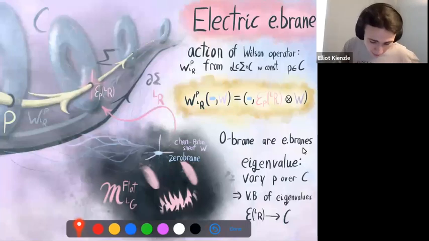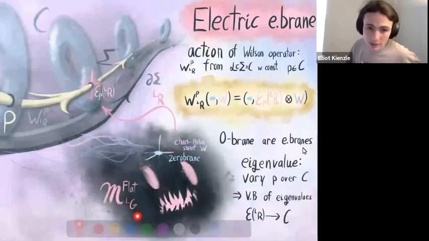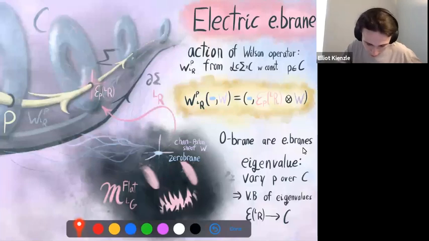So what is a zero brane? A zero brane maps every point on our boundary to the same point on our target space, which in this case is the moduli space of flat GL bundles.